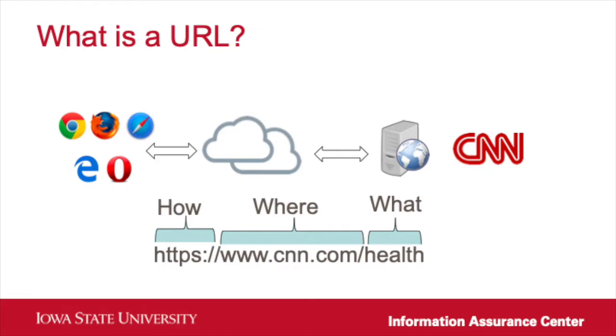The where is the web server it's going to, an example being CNN.com. And then the what is what file you want from the web server. So the browser uses the how and the where to talk to the web server and sends the web server the what, and the web server returns the data, the information, the files associated with that request.